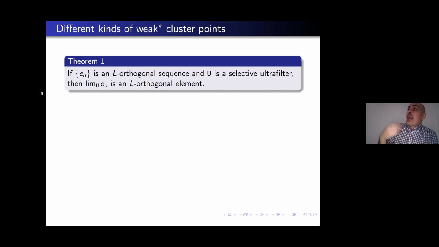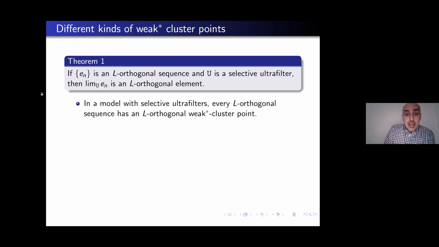But a cluster point is in fact the limit through an ultrafilter. And what I'm saying in this first theorem is that if the ultrafilter is selective, then that's true. Then in fact I get an L-orthogonal element. So in a model where there are such selective ultrafilters, every L-orthogonal sequence will have an L-orthogonal weak star cluster point.